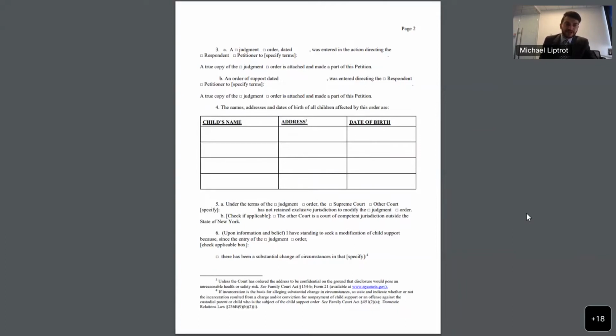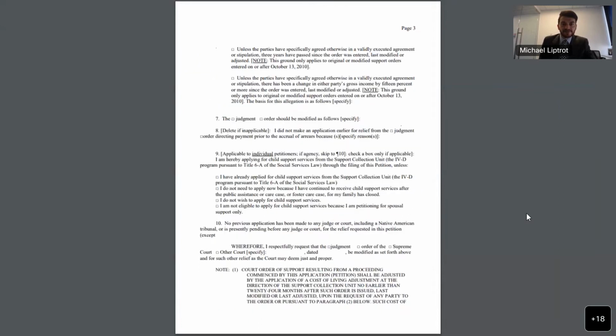There's really three main ways you can modify child support. One is the same substantial change in circumstances, and then if we scroll down to page 6, the next page, the other two ways: 3 years have passed since the date of the last order, or a 15% change in income of either party, up or down.